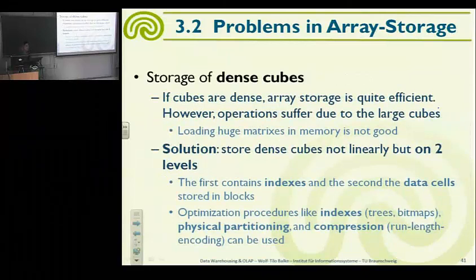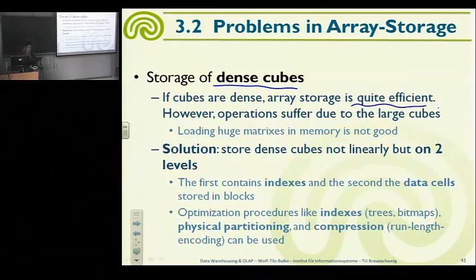That was one problem that we pointed out: how you choose to linearize your matrix or your cube on disk can influence the performance of the different queries. This was one problem, but there are 2 other problems, and they stem more or less from the same family, and they have to do with how dense or sparse your cube is. If the cubes are dense, on one hand, this is very good and efficient in terms of storage, because then you're using your storage quite efficiently.